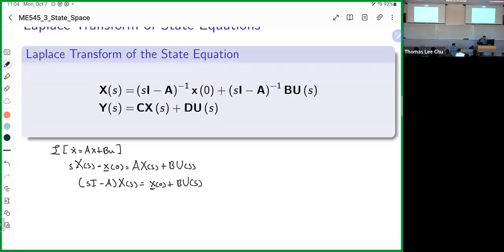Then I take the inverse of sI minus A on the left side to get x of s is equal to sI minus A inverse times x naught plus sI minus A inverse times B times U of s.